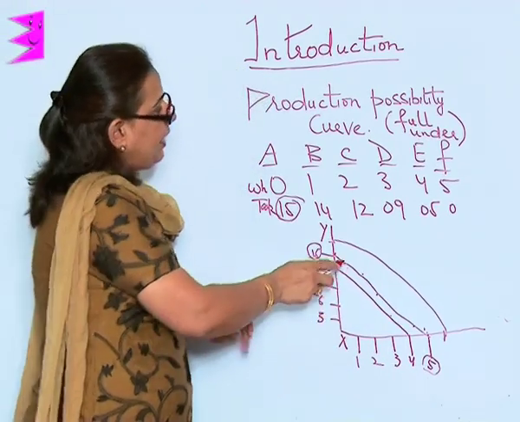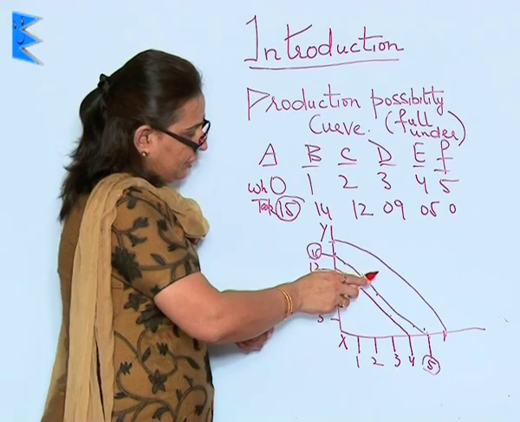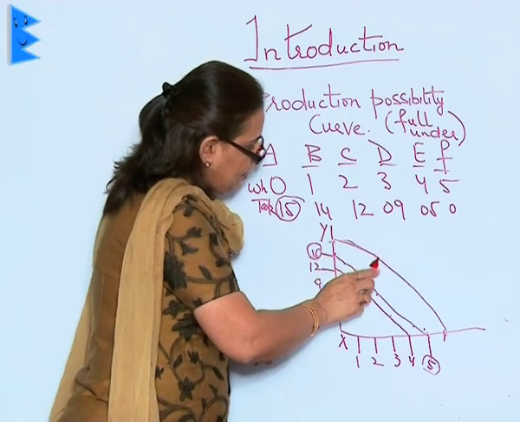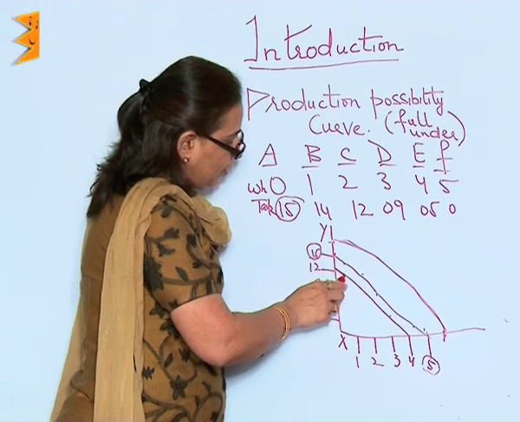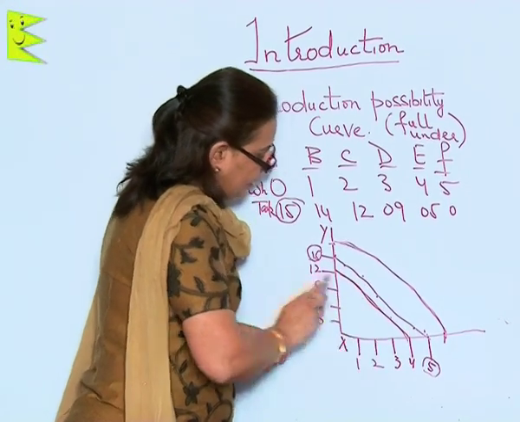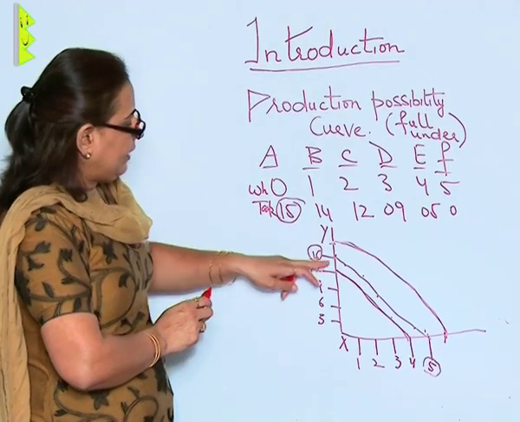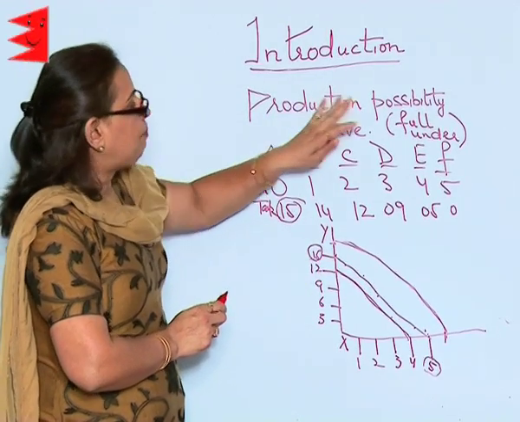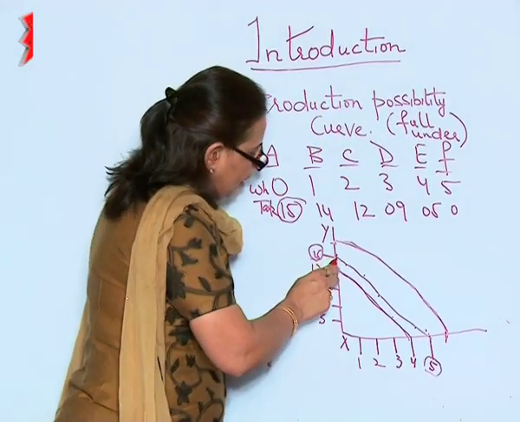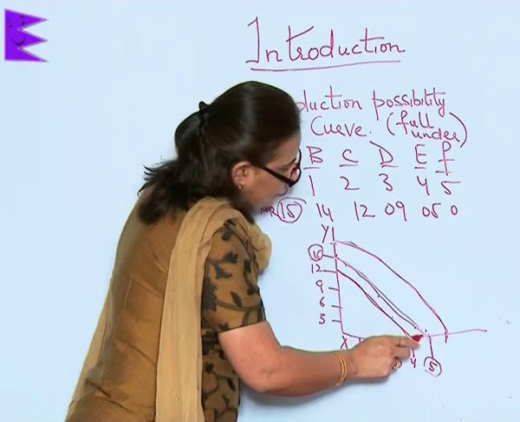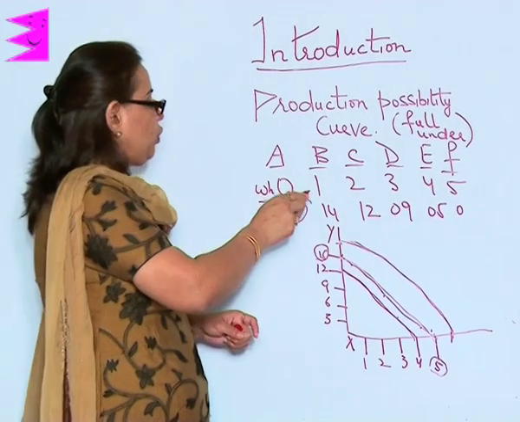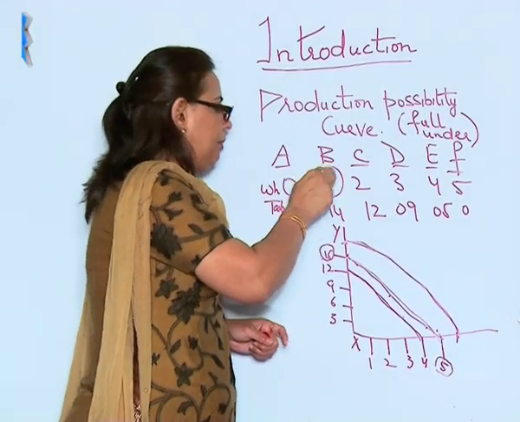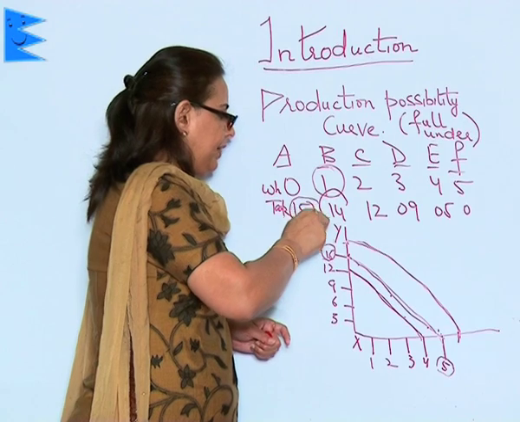The full utilization of resources is when we make better use of the resources that we have, and the underutilization is when we are not able to make the correct use of it. The production possibility curve is the curve for whenever two choices are given and we are making a choice as to how much of one quantity is to be produced and how much of the other.